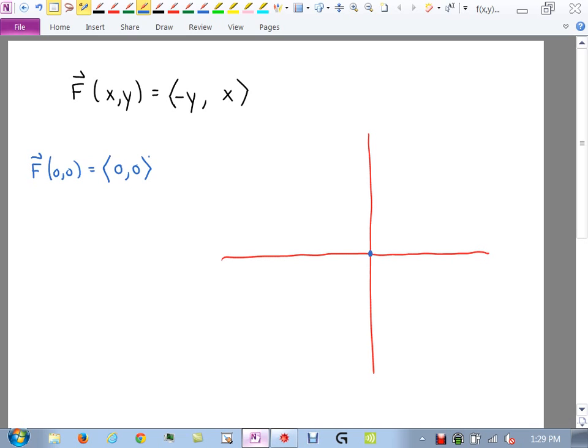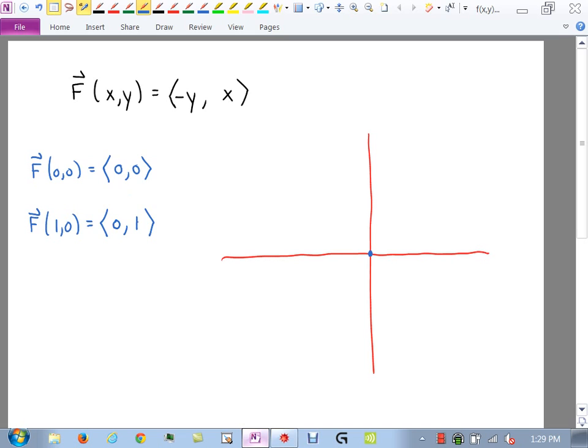So let's move somewhere else. Let's go out the x-axis. Let's just take a look at F. Let's plug in the point 1, 0. What does that vector function spit out? 0, 1, right?